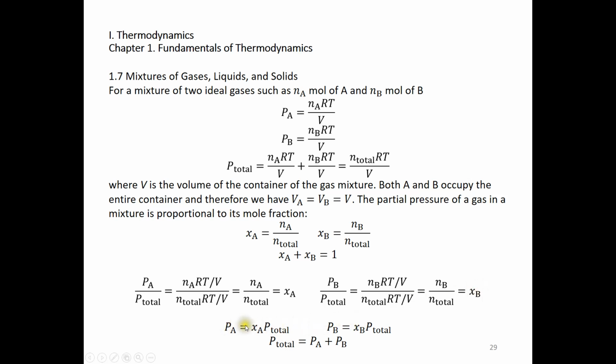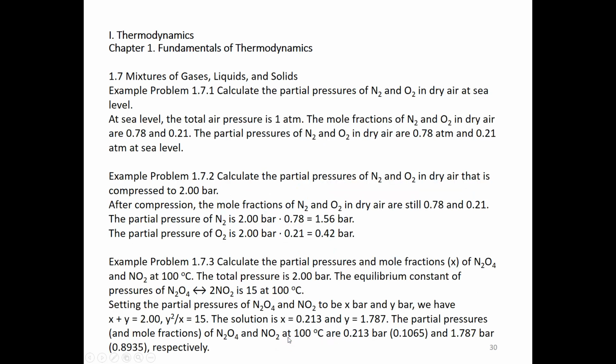P sub A is simply X sub A times P total. P sub B is equal to X sub B times P total. P total is the sum of the partial pressures of A and B.